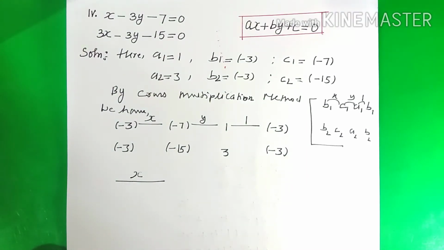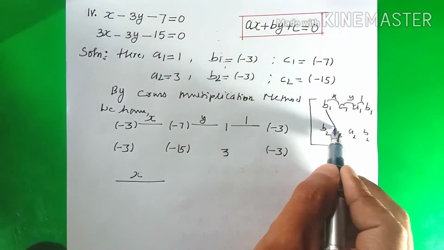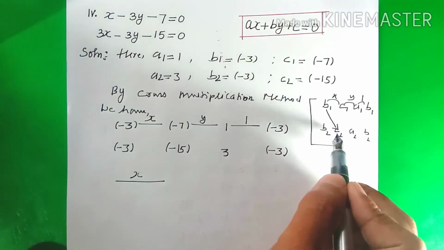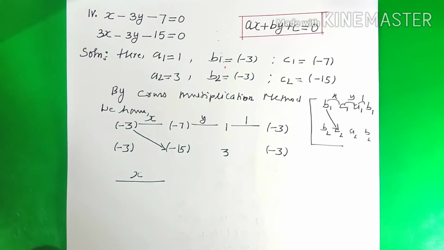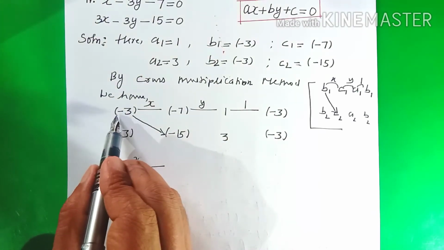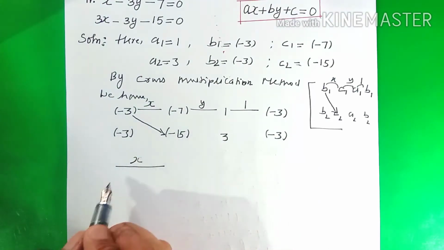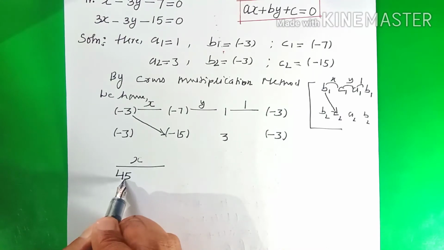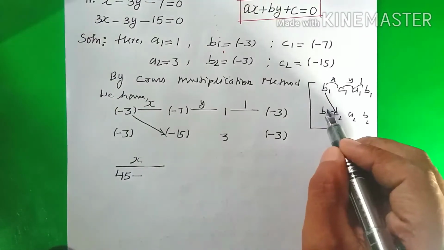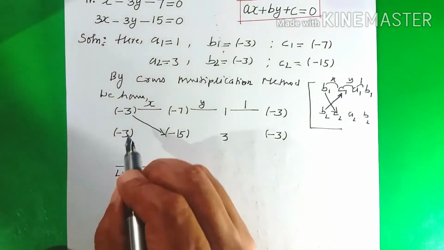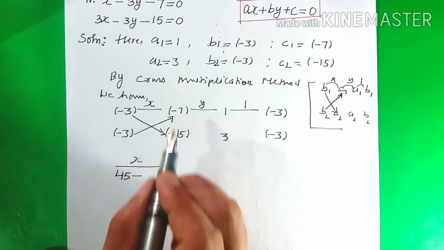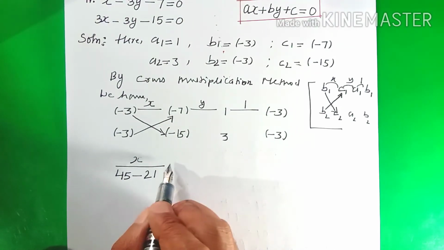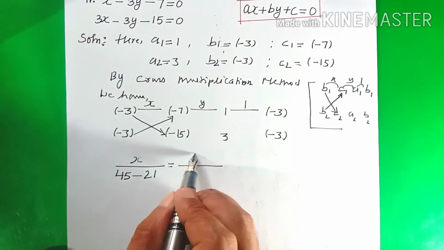Now you will have to take a cross multiplication. The first step, take these two downwards, numerator and denominator, and according to this pattern you multiply these two. Minus minus is plus, 3 15s are 45. After that a minus sign, and again take these two values: minus minus is plus, 3 7s are 21, equals y.